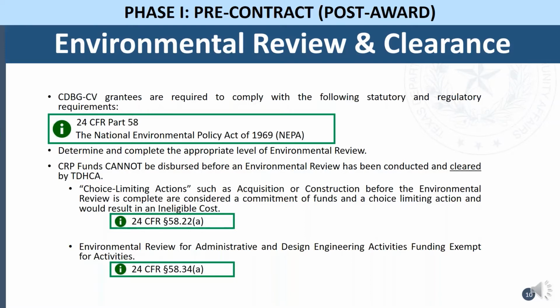We consider choice limiting actions such as acquisition or construction before the environmental review is complete, and they would be ineligible costs. In addition, we are providing an administrative and design engineering activities funding exempt form for activities. It's a form that's going to be completed on our website that will be provided at a future date.